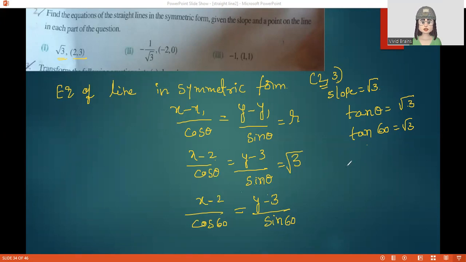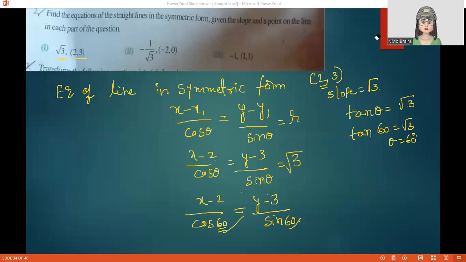Or otherwise, you can equate like this. x minus 2 by cos theta is equal to root 3. Okay. And root 3 means here theta becomes 60. Like that. So here only you are getting theta as 60. If you substitute theta here, then you can easily get it otherwise.